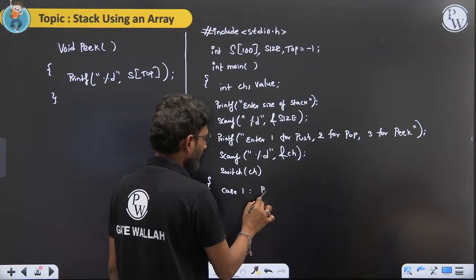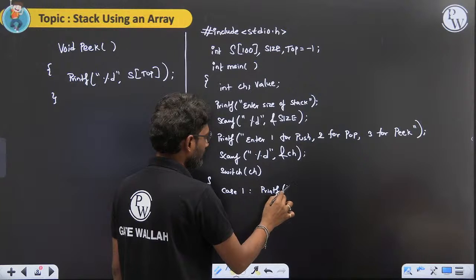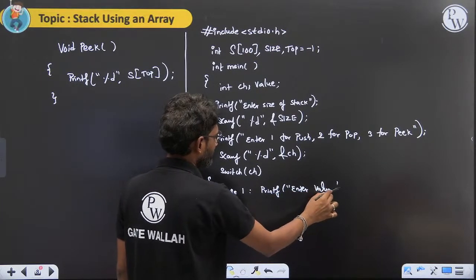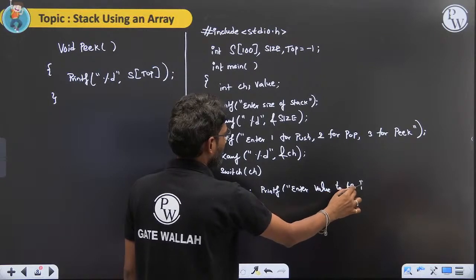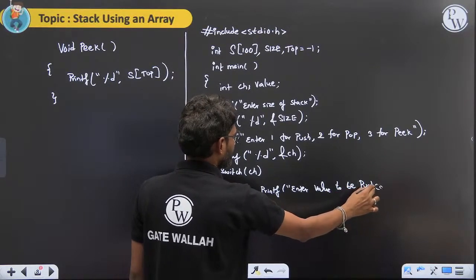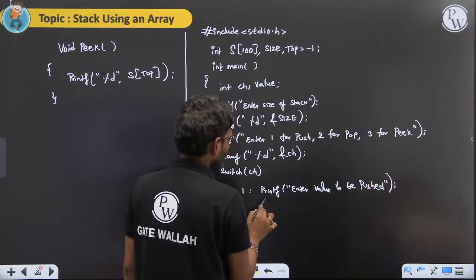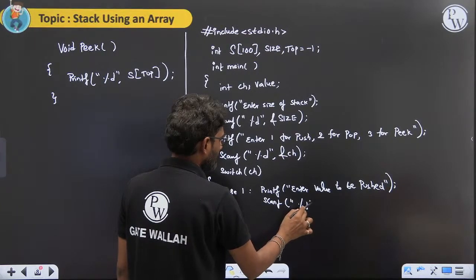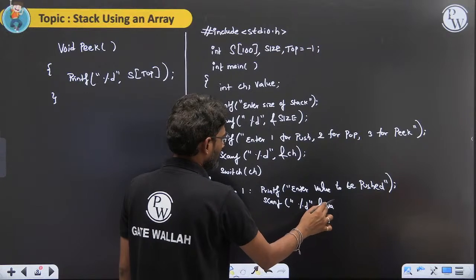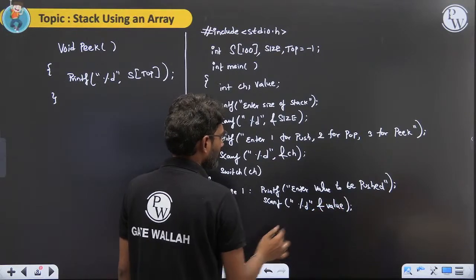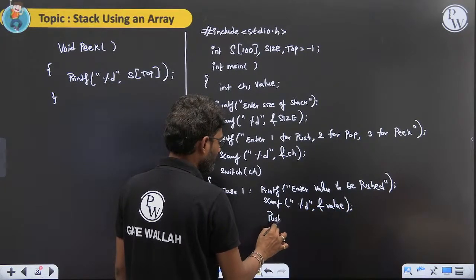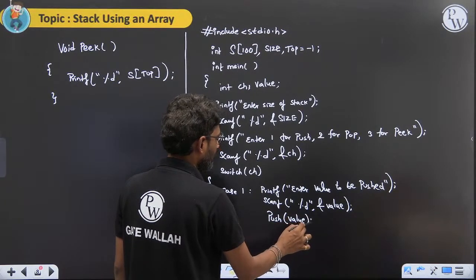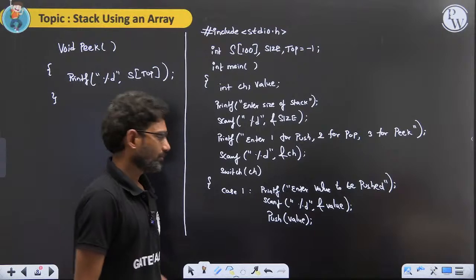So here I will print enter value to be pushed and scan it. And now call this push function by passing value as argument. Break.